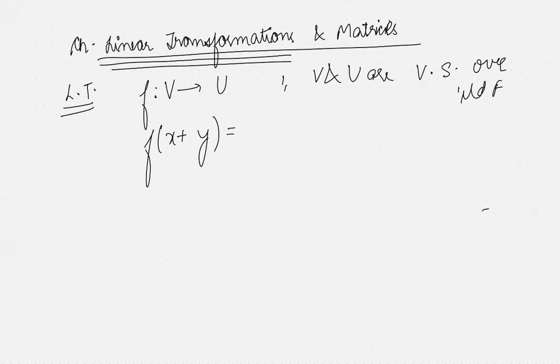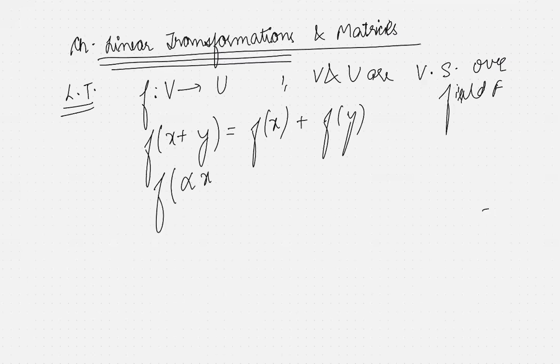And next, the vector space elements are vectors, and the field's elements are the scalars. How are they interrelated? f of alpha times x, where alpha belongs to the field F. Alpha is a scalar and x is a vector. Alpha comes out and it becomes alpha times f of x. Now these two conditions mean that F is a linear transformation.